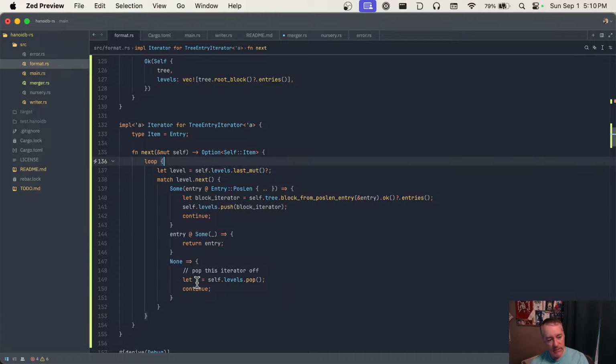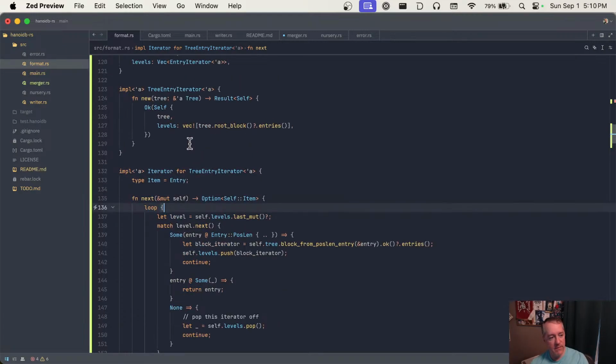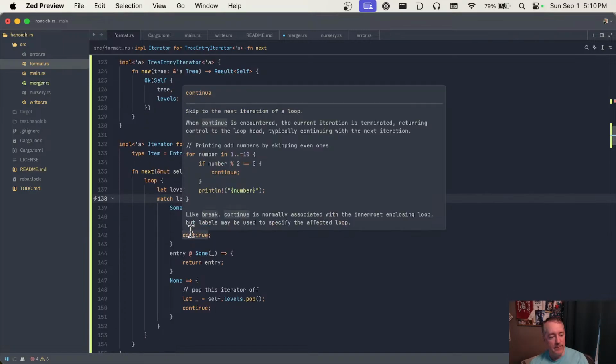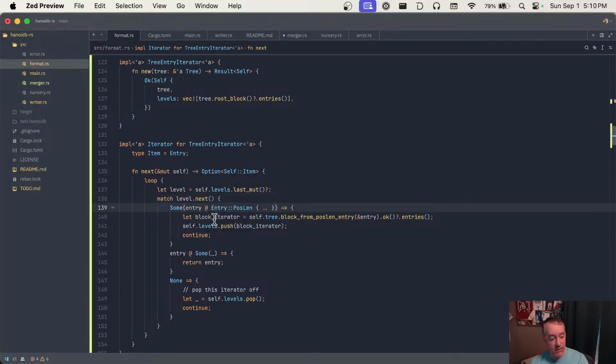But this will never infinite loop, because if the set of levels that we are iterating through is empty, we'll return none. If we hit a Poslin entry, then we will push its iterator, the iterator for the thing that it points to, into our stack.